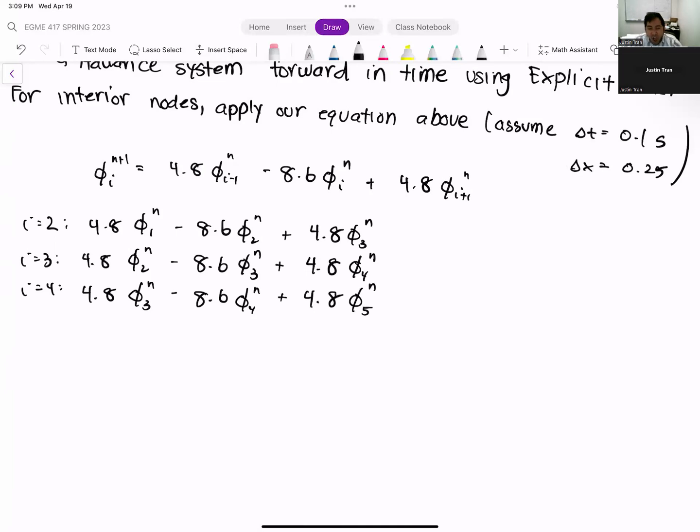So those are all our interior node equations.